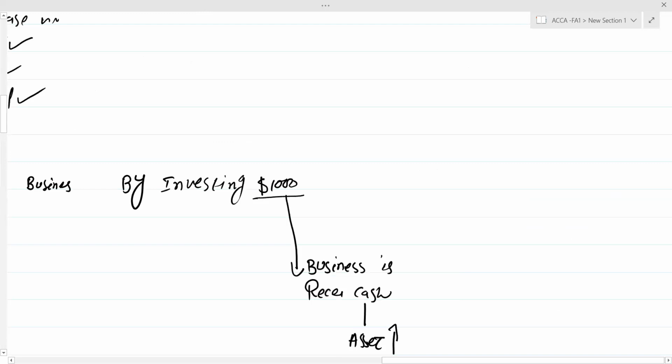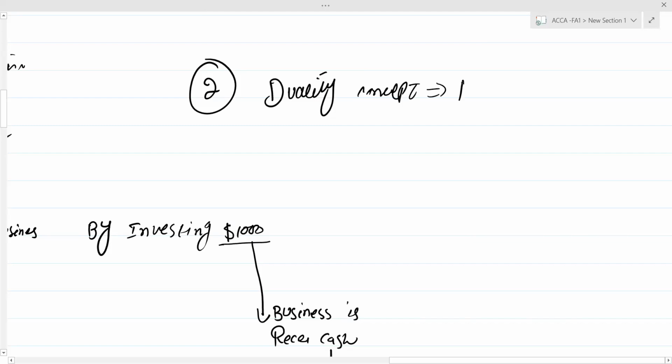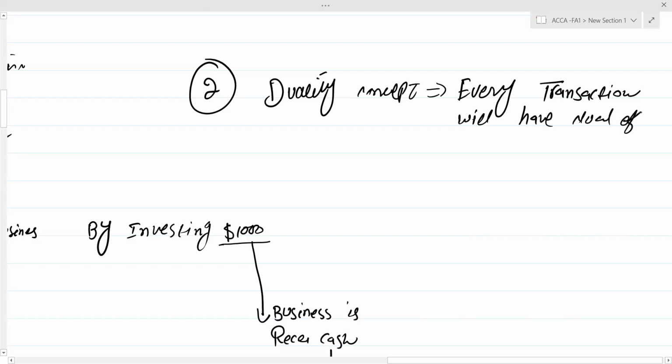Remember a very important concept, concept number 2, the duality concept. What does the duality concept say? That every transaction will have a dual effect.